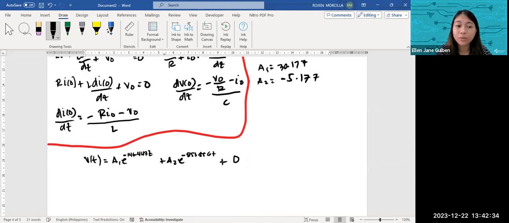We have 0 steady state. V of t is equal to 30.177 e to the negative 146.443t minus 5.177 e to the negative 853.556t.